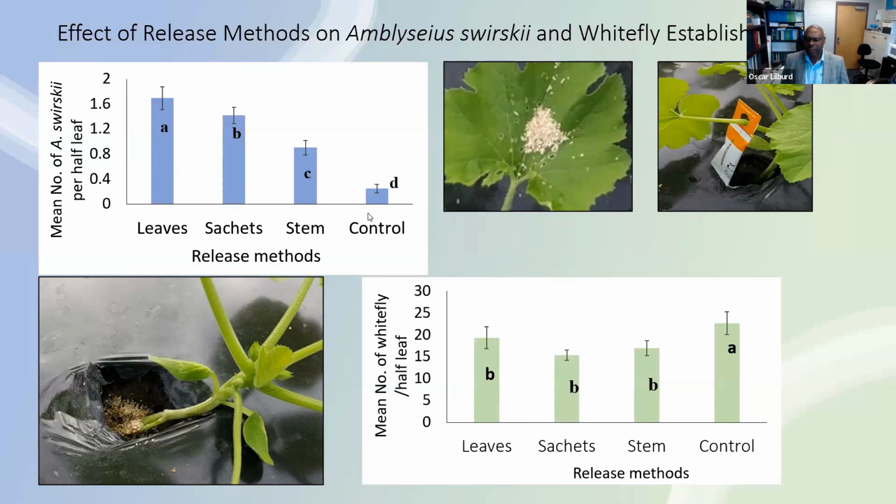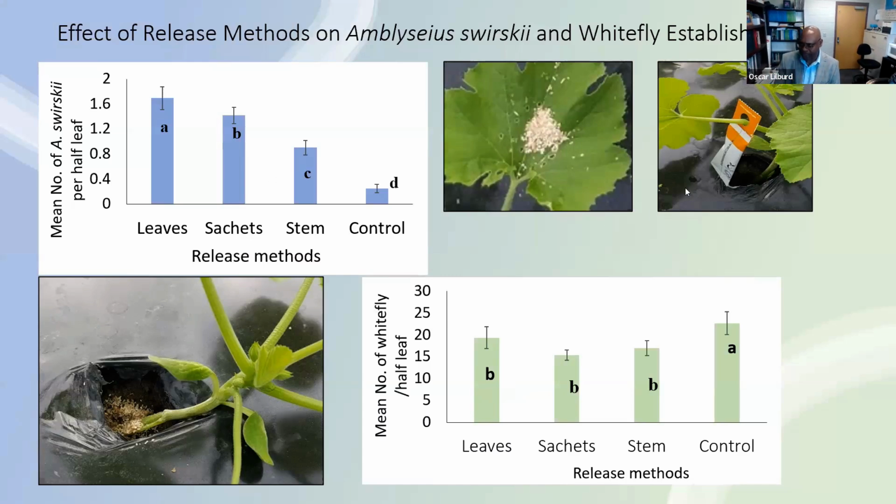I guess if you were to look at this maybe long term, maybe releasing on the leaves, you will see more reduction in terms of whitefly. But this experiment was done over about six to 8 weeks. And over 6 to 8 weeks, again, there wasn't any reduction in terms of the whitefly population there. But we recovered more on the leaves and the sachets, so to speak.